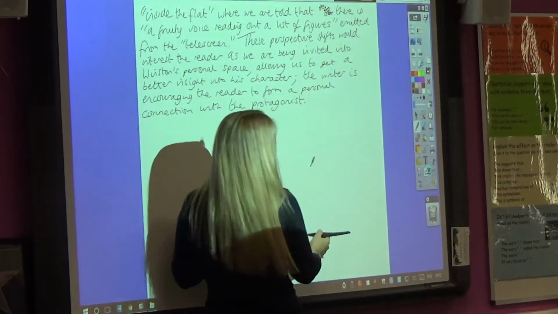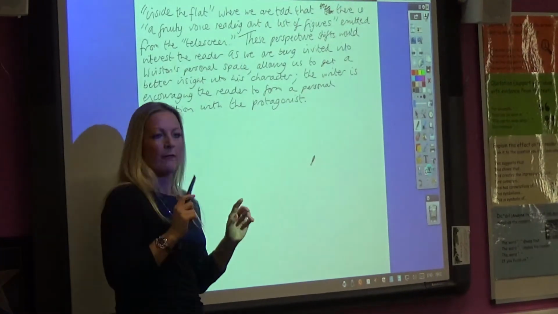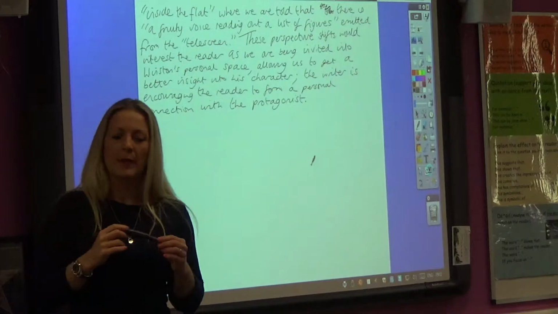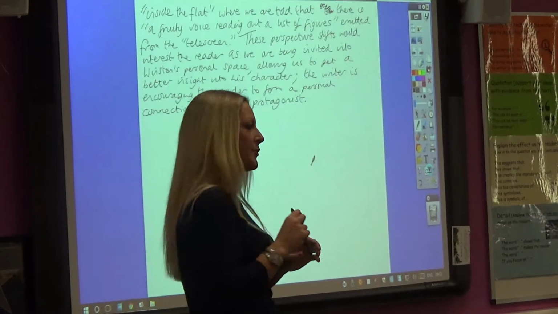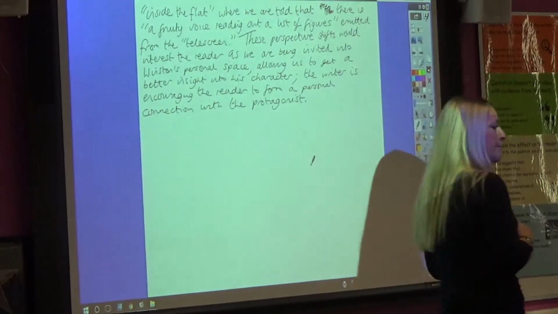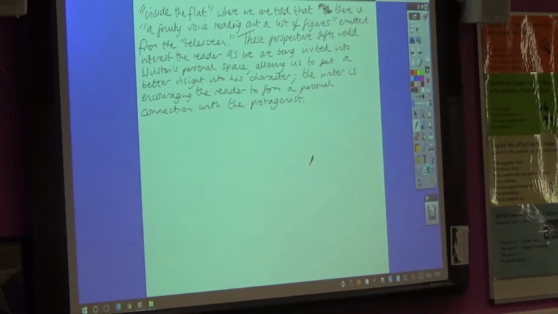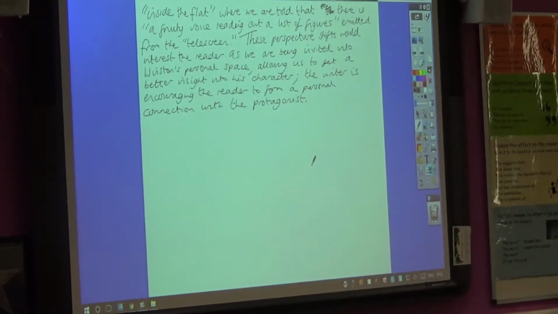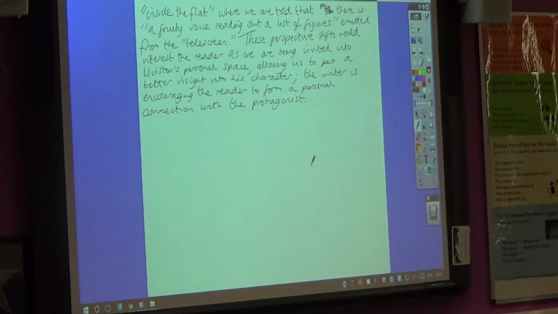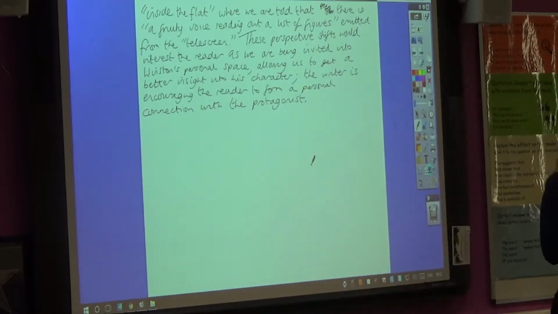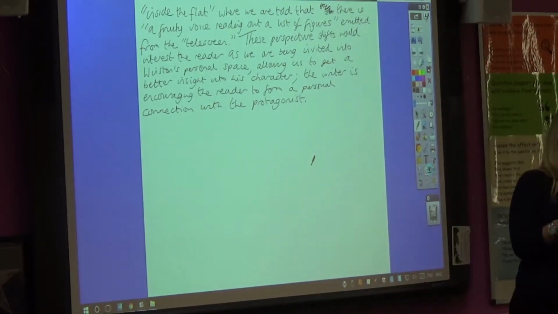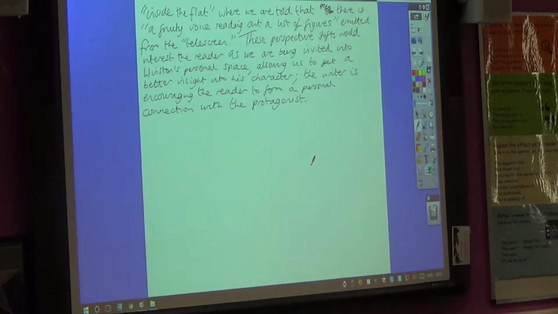Okay, now the only thing is, I've not spoken about every perspective shift. How many paragraphs are there in that extract? 4. So we've only spoken about 3. So do you remember what we said, and I think it was you, Lauren, yesterday, or it might have been Kirsty who isn't here today, what did we say happened to the perspective shift from paragraph 3 to 4?